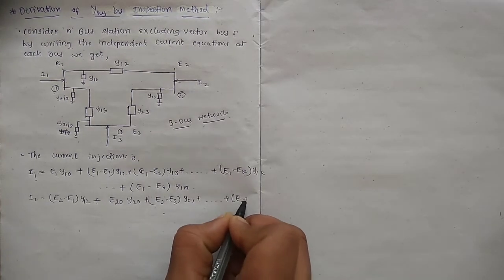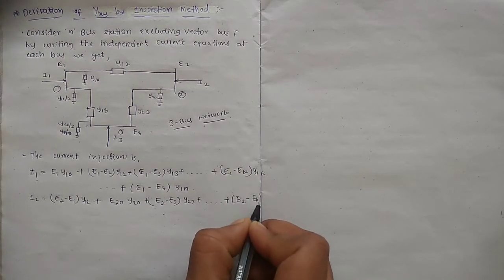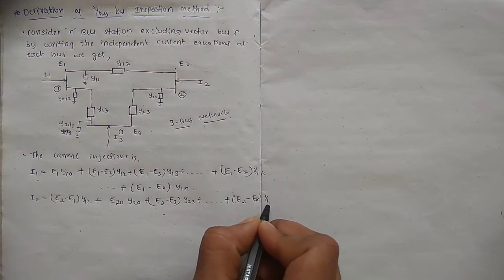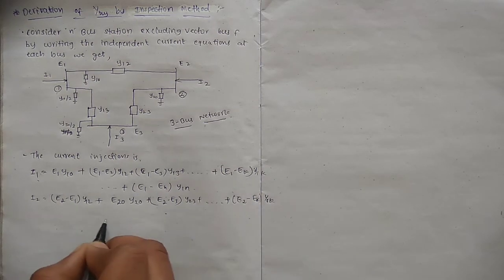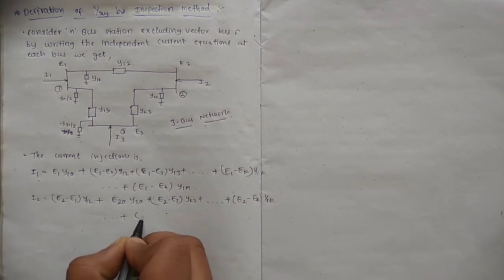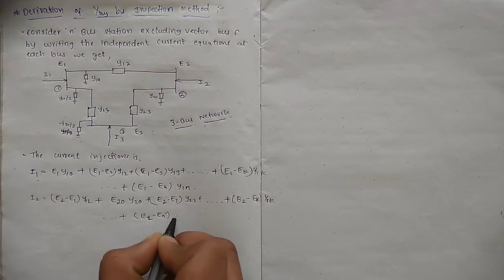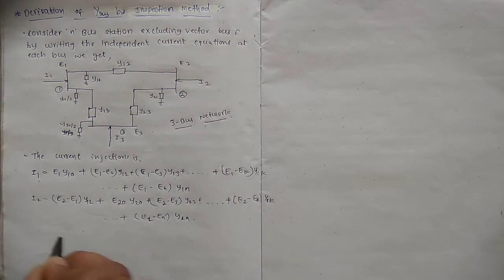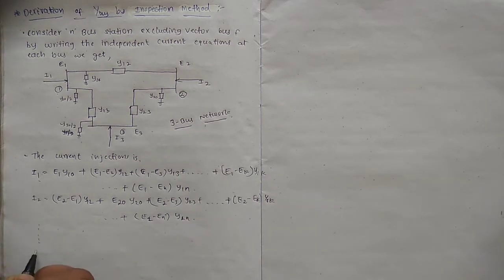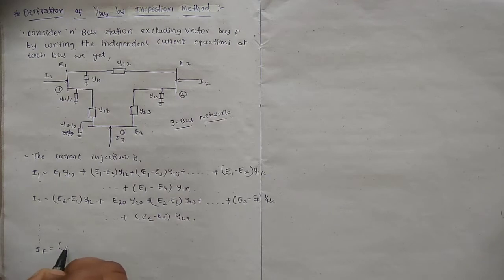Similarly, (E2 minus Ek) into Y2k, and so on, plus (E2 minus En) into Y2n. Similarly, and so on for the kth current we have to write.